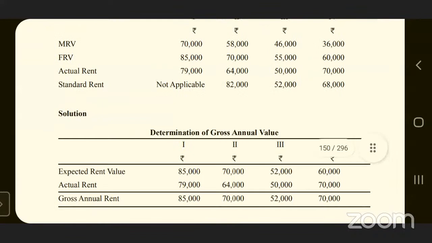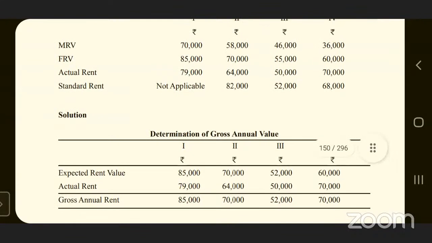In order to compute the expected rental value, as I told, MRV and FRV need to be compared. The higher is 85,000. Next, 85,000 needs to be compared with the standard rent. Here, standard rent is not mentioned, so whatever the 85,000 is, we consider it as expected rental value.